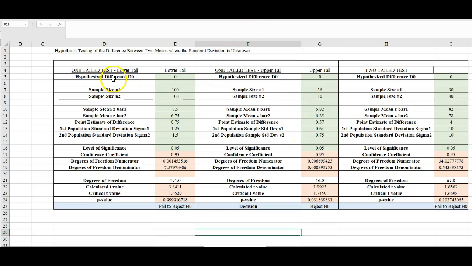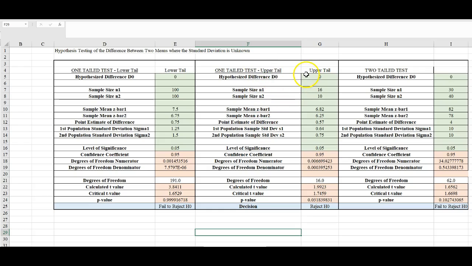I've constructed 3 different tests: a one-tail test for a lower tail, one-tail test for the upper tail, and a two-tail test. You can disregard the information in the one-tail, lower tail test and the two-tail test, because what we're looking at in this case is an upper tail test.